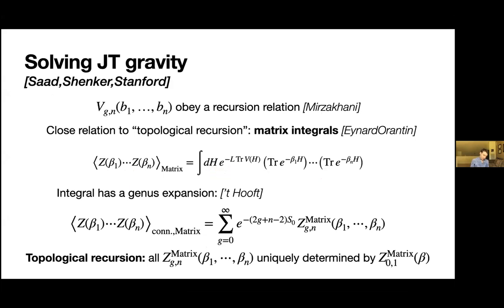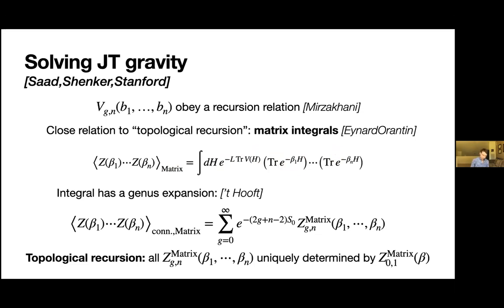A matrix integral gives you amplitudes computed by some random matrix weighted by a particular special sort of kernel, which has some potential, and what we're computing is correlation functions of partition functions, that is, trace e to the minus beta H. You can have several of these. We have this weighting over different matrices, and we do this integral and we get these amplitudes.